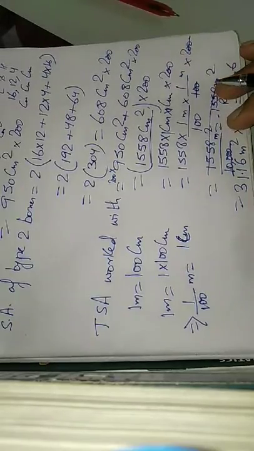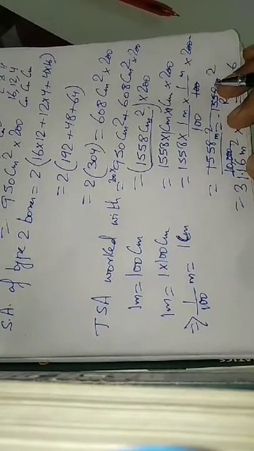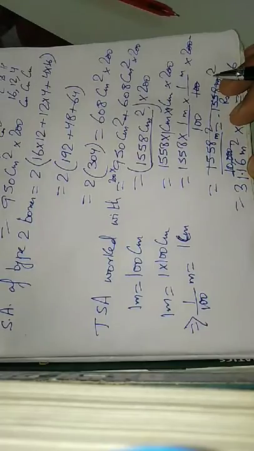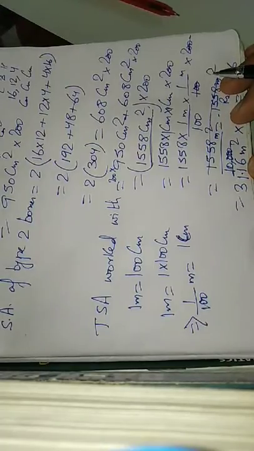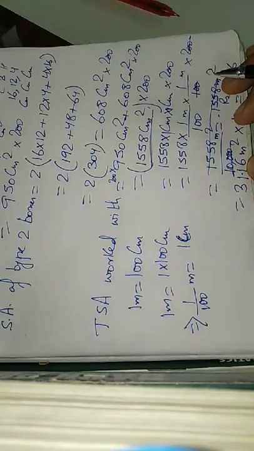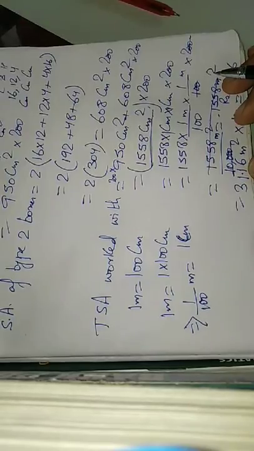This is the total surface area we got for making 200 boxes of each kind, means total 400 boxes, 200 small and 200 big. They said that whatever surface area you are getting, 4% more cardboard is wasted, right? So we need to calculate 4% of this value.